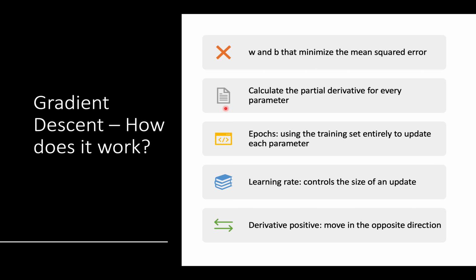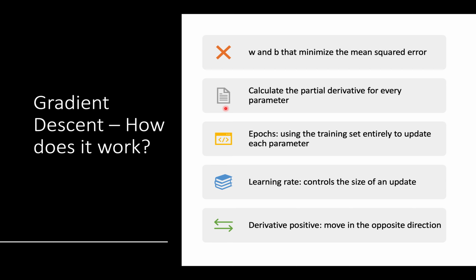And when it is negative, we need to move our parameter to the right to decrease the value of the function. Basically, what we want to do is find the best w and b to minimize the mean squared error.